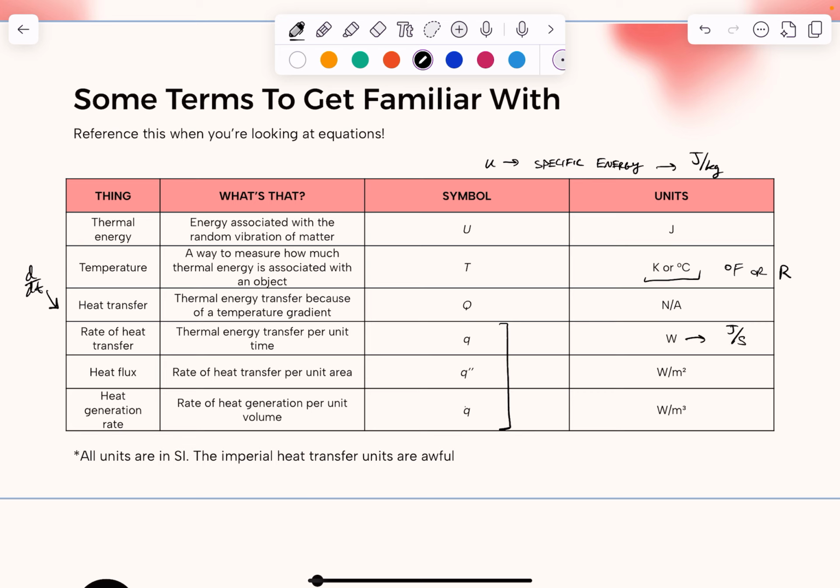Then we also have heat flux. This term here confuses people. Flux is kind of any sort of transport of something through something else. So usually we'll call it per area. If you're looking at a wall, it has some area associated with it, and heat flux would be the heat transfer through that area.